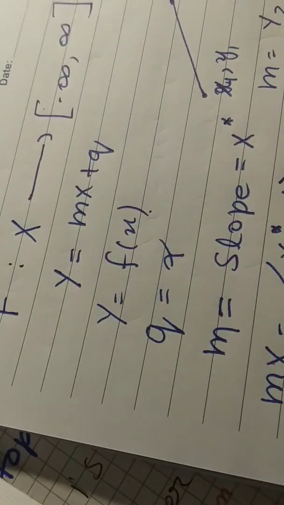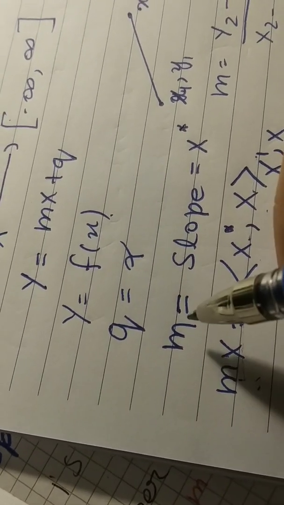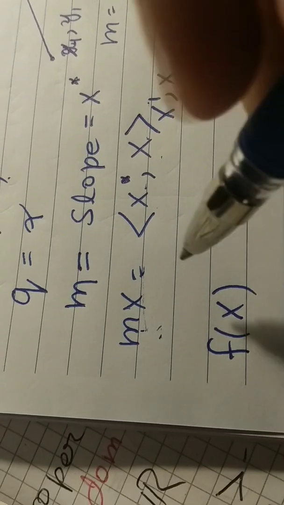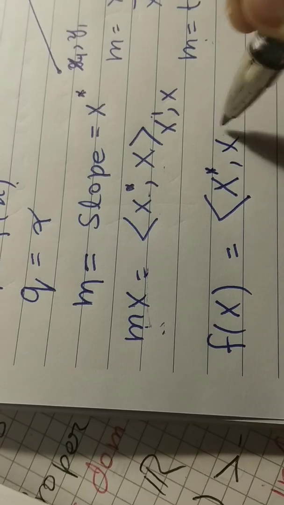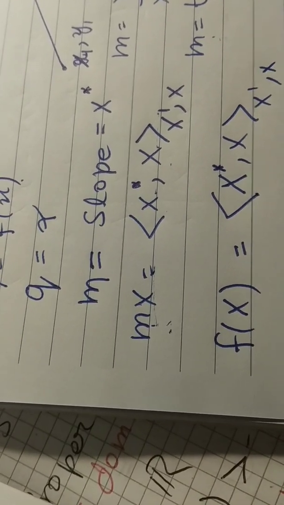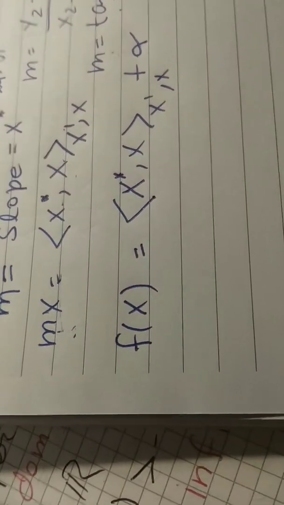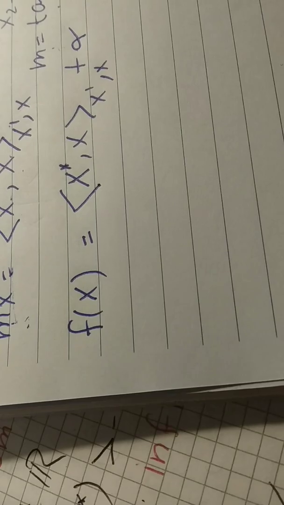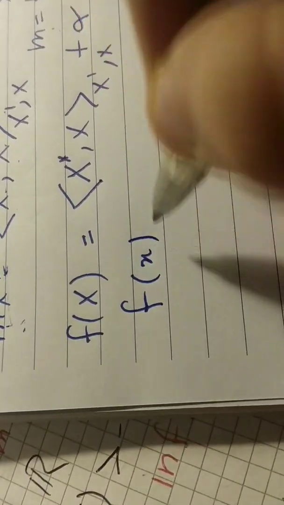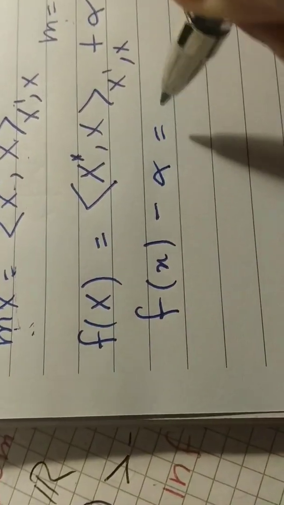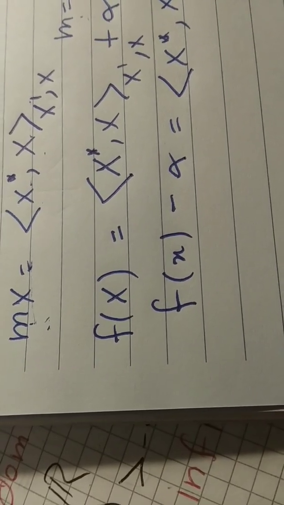Now we can put in the equation the value of y is equal to mx, and interchange the things, and we will take plus alpha in this situation. Now we can also write this like this: f(x) minus alpha is equal to the inner product of x star and x.